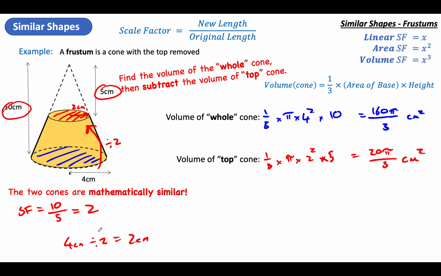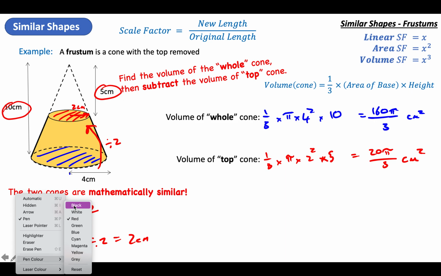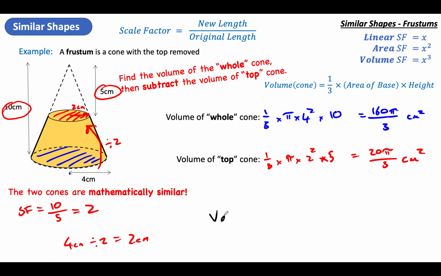So to answer the actual question, the volume of the frustum is the volume of the whole cone, so 160 pi over 3, take away the volume of the small cone. Now look how easy that calculation is, because I kept it in terms of pi, kept it as a fraction. It makes it so much easier to work with.